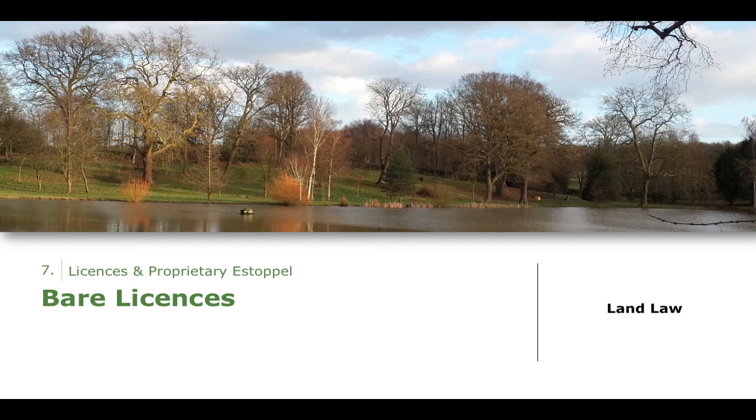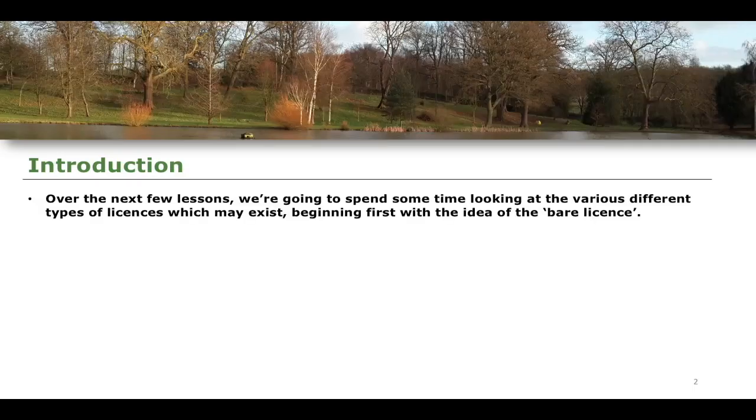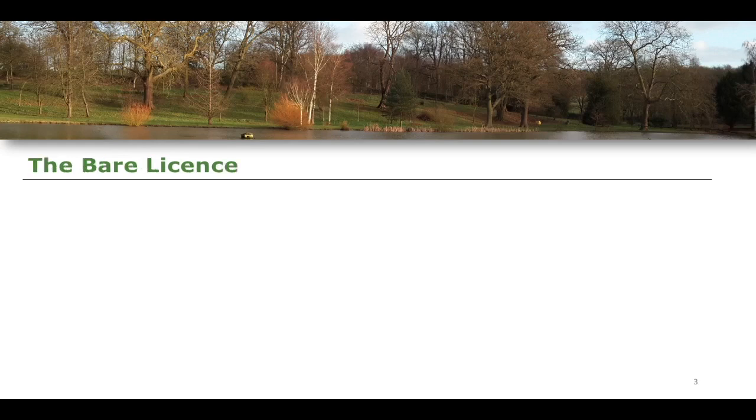I'm going to begin in this lesson by talking about the bare license. This is the first of a few lessons in which we're going to look at the various different types of licenses which may exist.